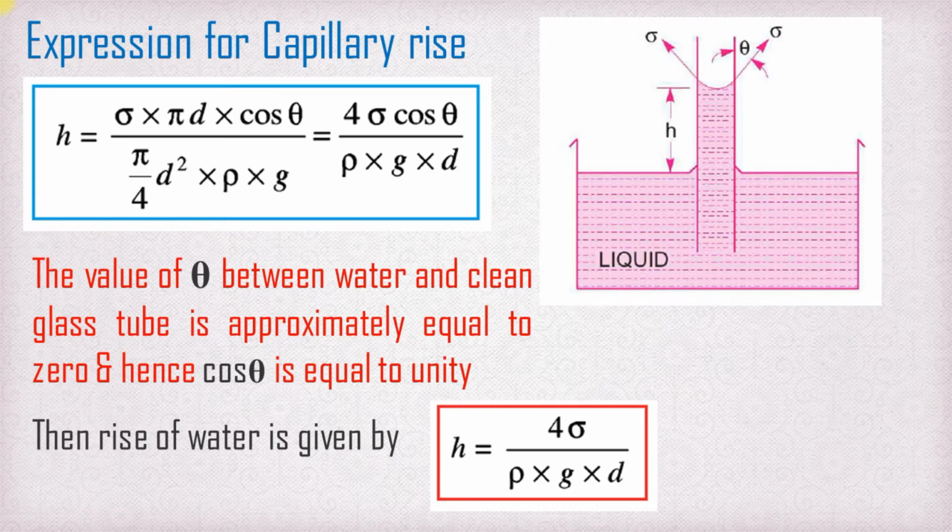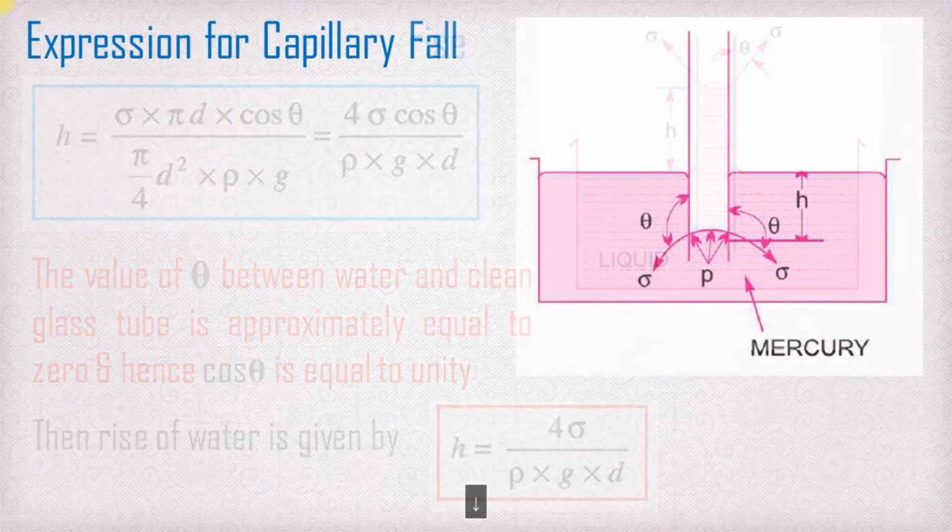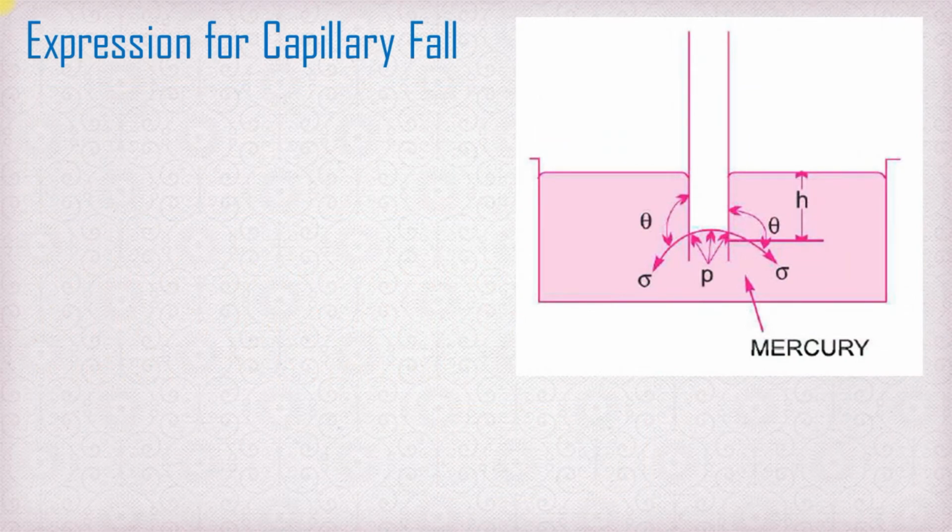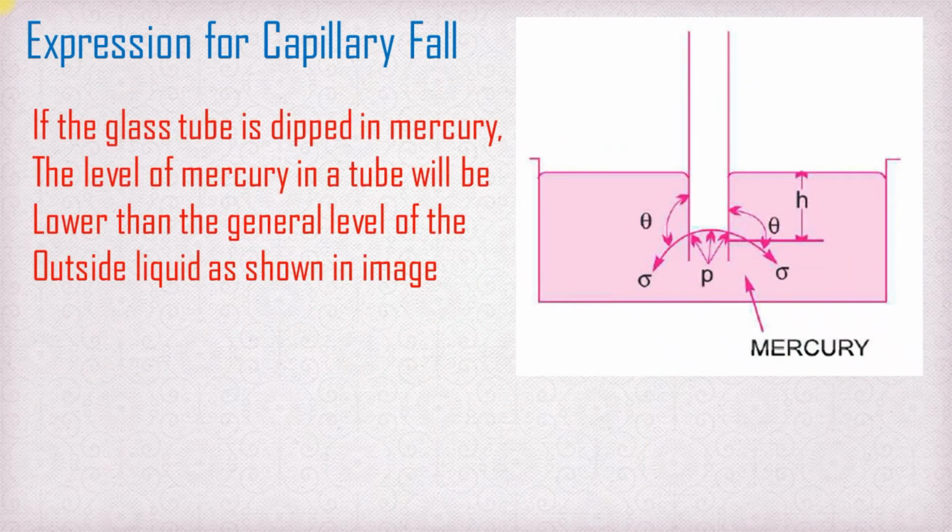Now we derive the equation for capillary fall, or we can say capillary depression. If the glass tube is dipped in mercury, the level of mercury in the tube will be lower than the general level of the outside liquid, as shown in the figure.